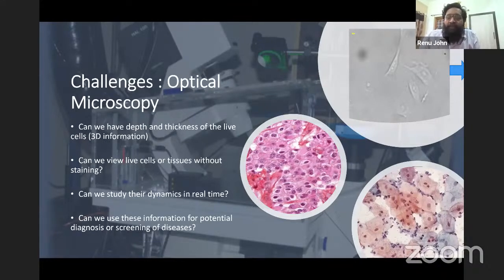And for most of the applications, what people are interested in is diagnostics, like from a tissue, you want to look at a biopsy to find out whether there is a cancer or some malignancy associated with the cells, or the type of malignancy. In the case of cytology, the applications are, say, cervical pap smear or oral cytology, where we brush out a few cells and look at them under the microscope.